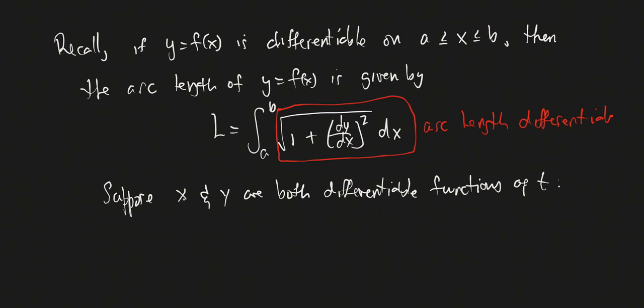If I know that x and y are both differentiable functions of t, I can write dy dx as this. I can do a little algebra and divide the top and the bottom by dt, so I get dy dt over dx dt.